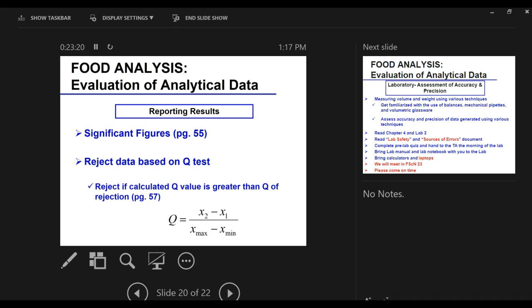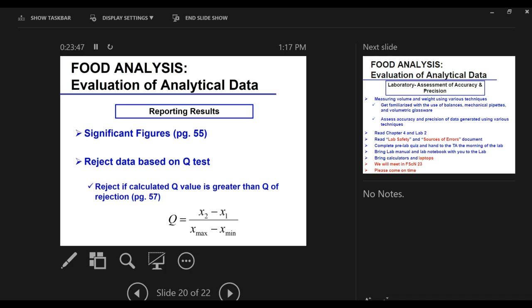You take the data point that you think is an outlier, and you subtract from it the closest data point to it. And then you divide by the range of your data, that means the highest measurement minus the lowest measurement. And then you get a calculated measure.